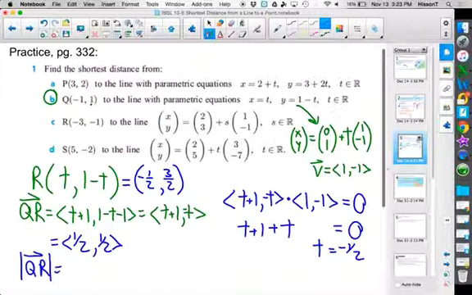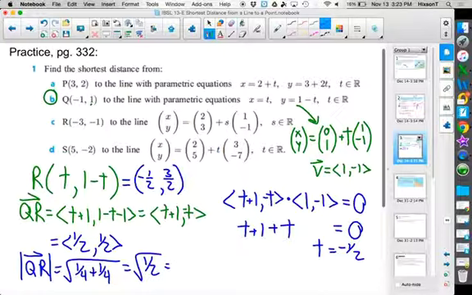Alright? So we've got our Pythagorean theorem. 1/4 plus 1/4. Okay? We've got the square root of 1/2, which is √2/2. That's the shortest distance from Q to that line.